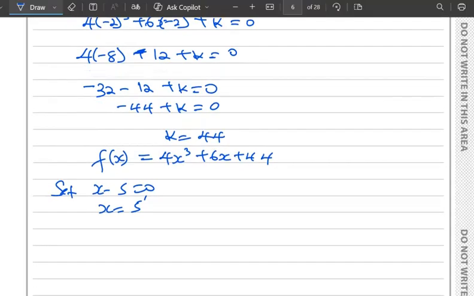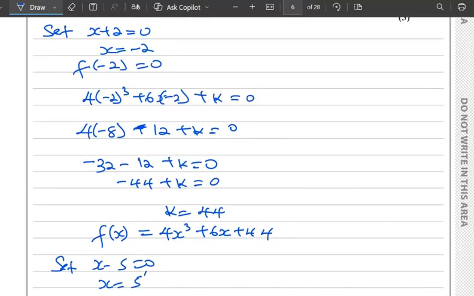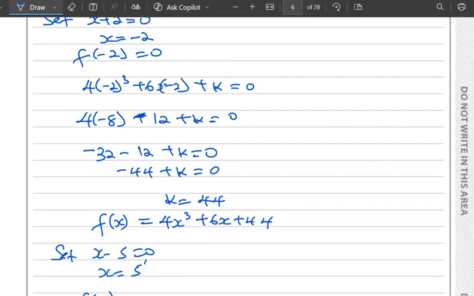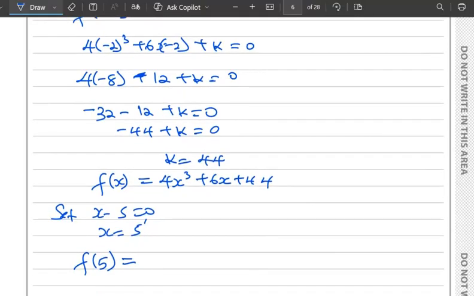So if x minus 5 is a factor, then in this case it means f of 5 should be equals to the remainder. So if we substitute, the function is 4 into 5 power 3 plus 6 into 5 plus 44.